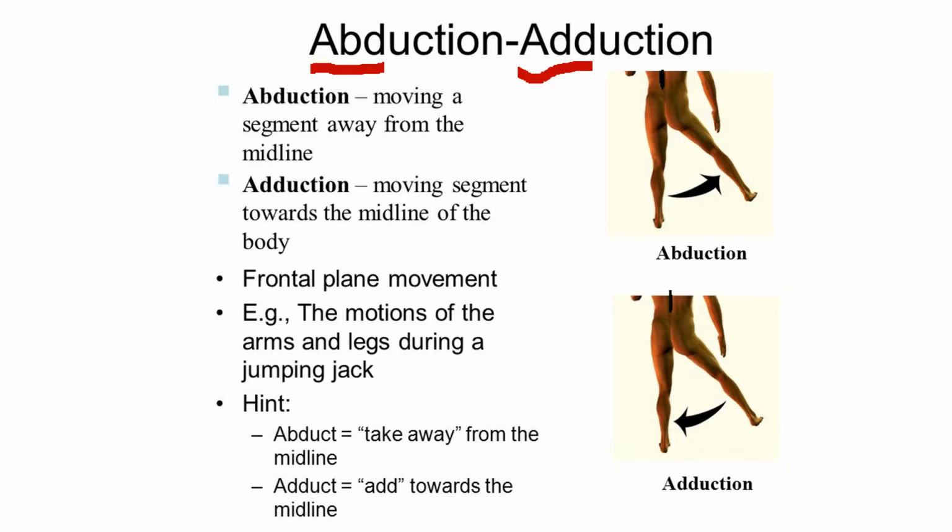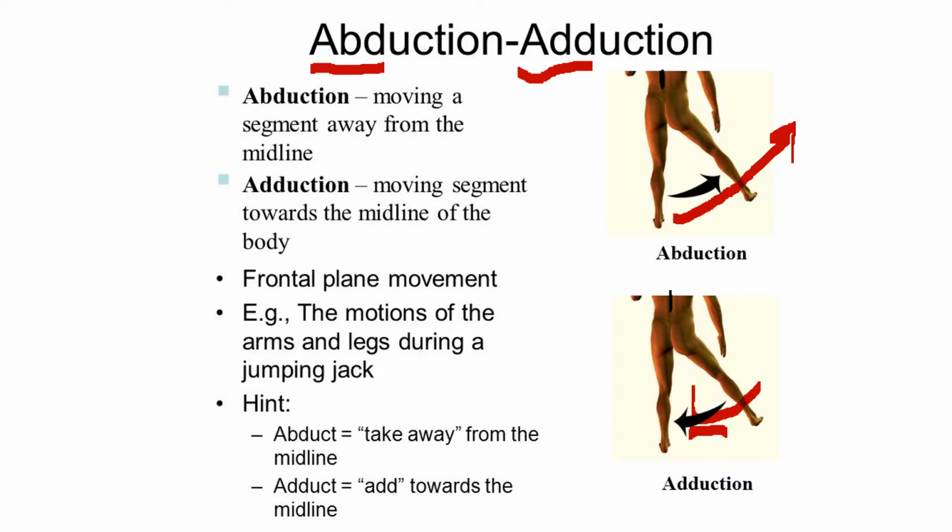Okay. All right. So moving a segment away from the midline. All right. Abduction. So again, here's the midline and you're moving it away. Abduction. All right. Adduction, when you bring it back, when you're moving it towards the midline. Okay. So again, just think of the midline as basically like your spinal cord. That's the middle part of the body. All right.